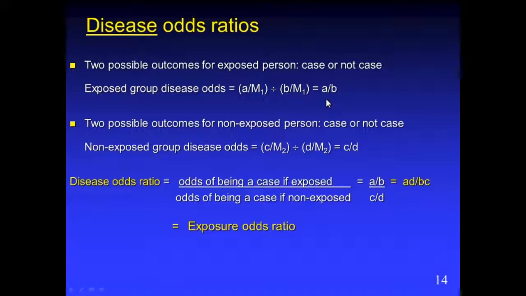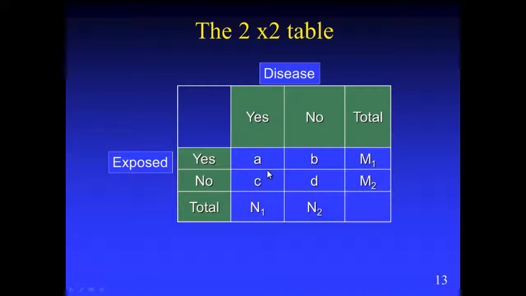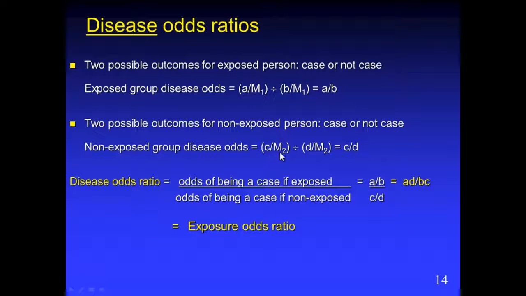So we get A divided by B. Then we go through exactly the same exercise for the non-exposed group. The disease odds there are C over M2 divided by D over M2. Again the denominators cancel out and we get C over D.